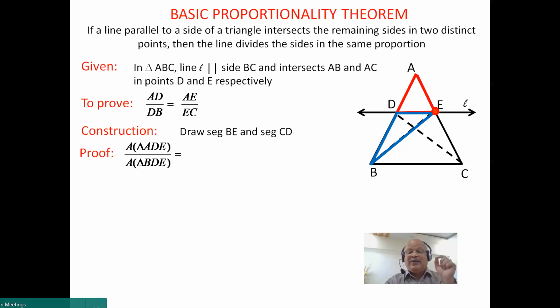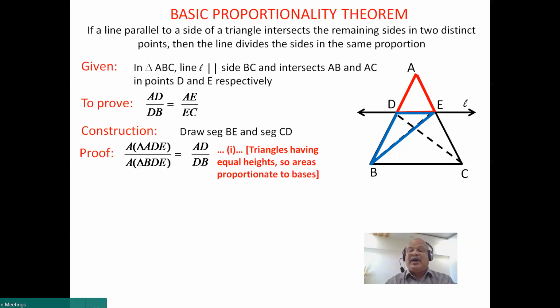Two triangles having a common vertex and bases on the same line leads us to the conclusion that their heights are equal. And if their heights are equal, the heights will vanish. What will be left are the bases. So we get the base of the red triangle AD upon the base of the blue triangle, that is DB. This is because the heights of the triangles are equal.